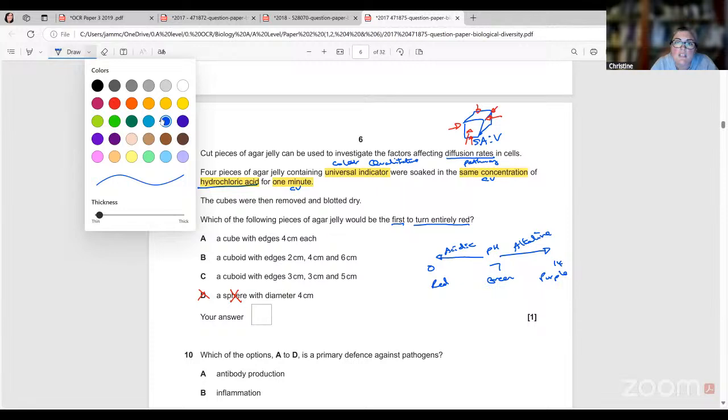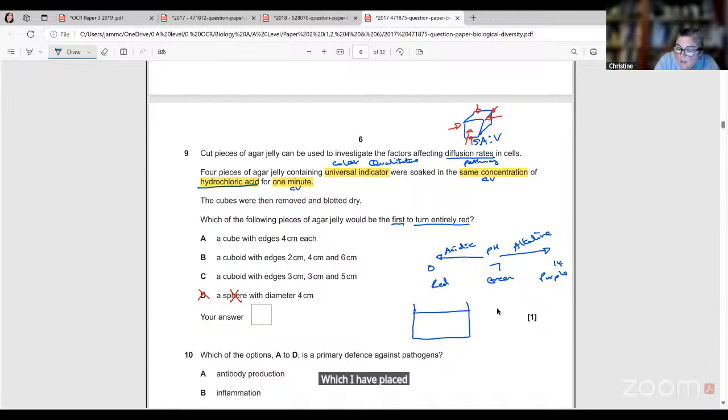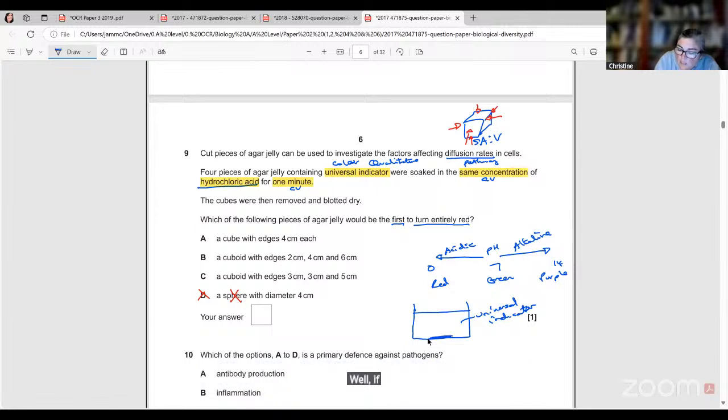If I was trying to come up with an answer to it, I've got to think about, I have 4 pieces which I have placed in my universal indicator. And because I've placed them in it, what's going to happen is it's going to hit all surfaces. Well, if one of those surfaces is at the bottom, that's going to affect the rate at which it's moving in.